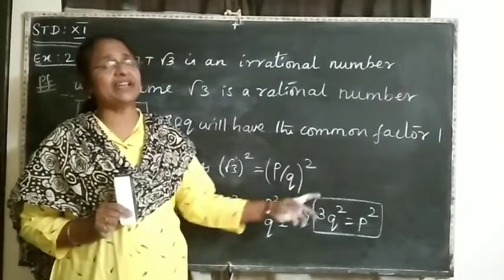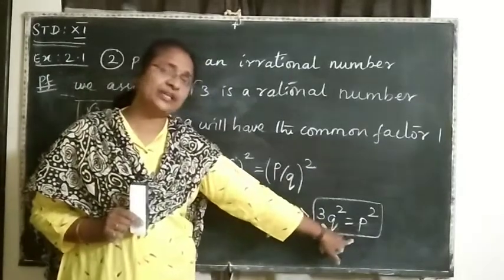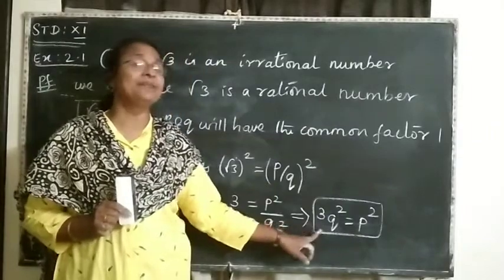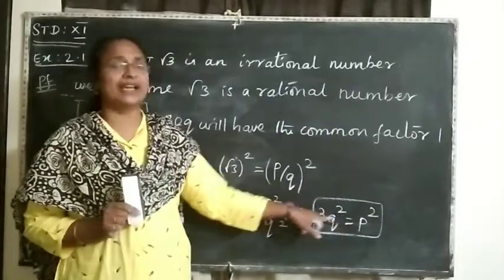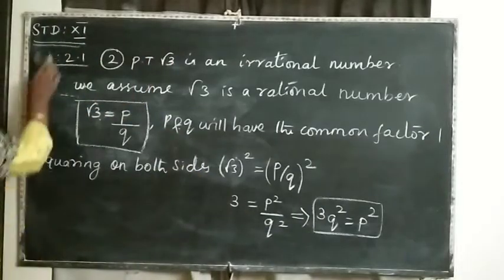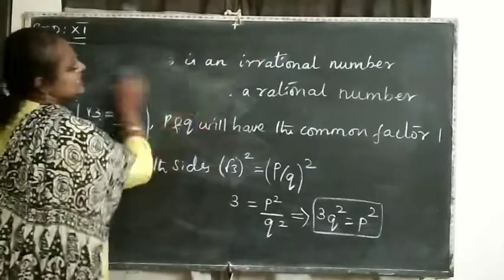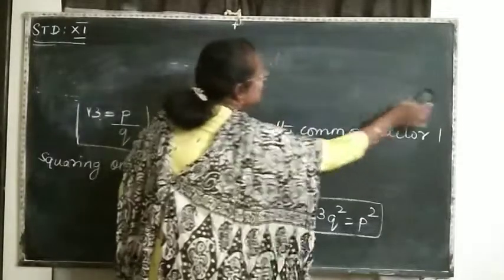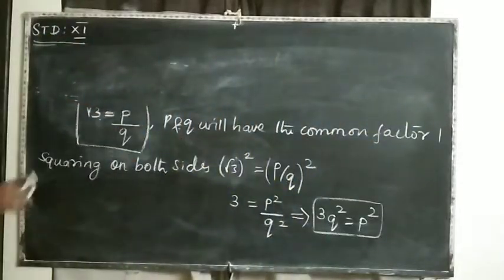I repeat, this is very, very important. If p squared is a multiple of 3, then p is also a multiple of 3.